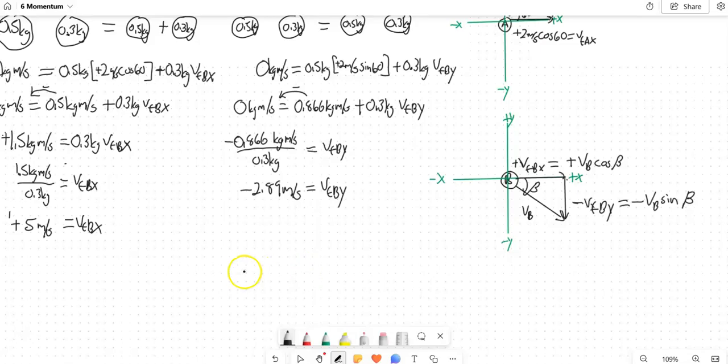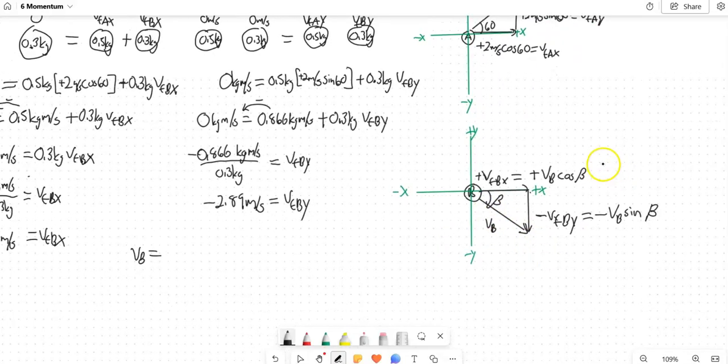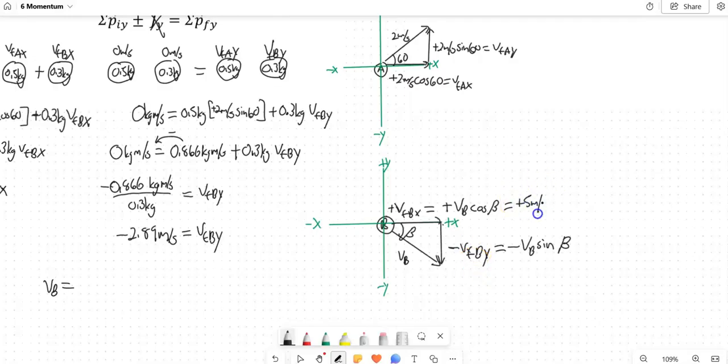what VB is. Okay, so to figure out VB, here's where our trigonometry comes into play. This VB is right here. What we figured out in the x direction, this is positive 5 meters per second. And in the y direction, this is negative 2.89 meters per second.